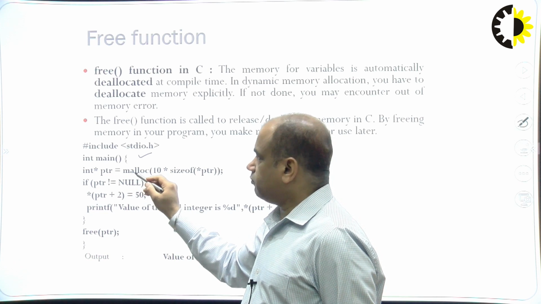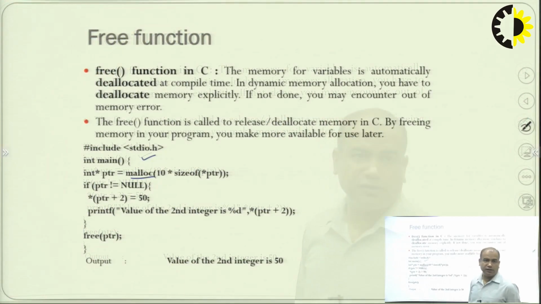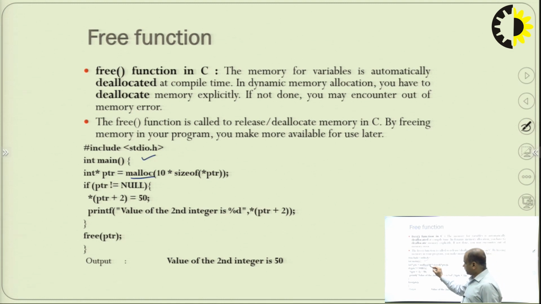In this main we are allocating memory using malloc with size 10, that is 4 bytes of integer type. Next, if the pointer is not equal to null, the pointer plus 2 equals 50. The third variable, the second integer value will be given. After that we are going to free it, and the value of the second variable will be 50. After that the memory will be freed.